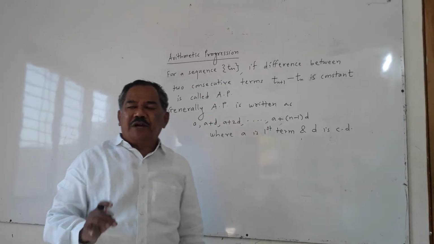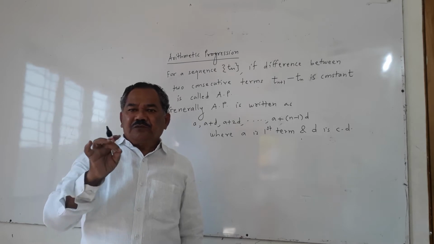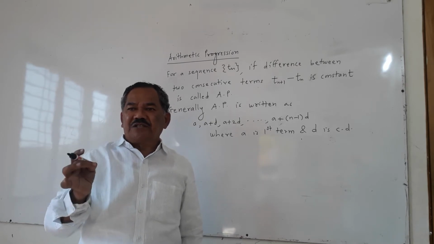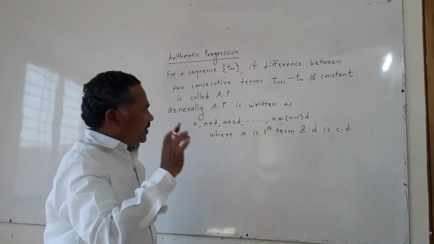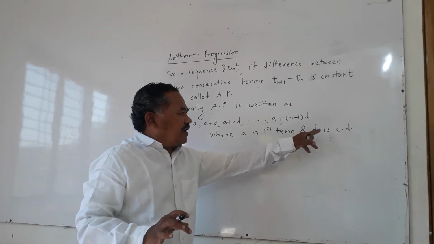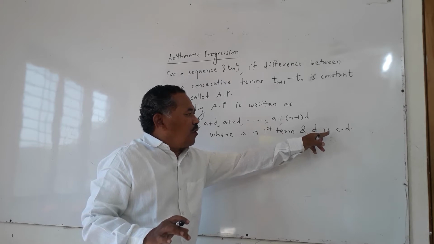In which manner do we obtain the common difference? T2 minus T1, T3 minus T2, T4 minus T3. They are all constant quantities. That number we call the common difference.